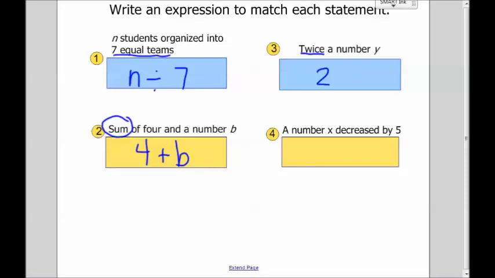So 2y. Now, if you put the dot in there, if you put the y times 2, I want you to write it this way, because now we've been doing this long enough and we've said it long enough, and you need to recognize, I don't need the dot, I don't need a multiplication sign. A number and a variable next to each other means you multiply. And number 4, a number x decreased by 5. Did you get them all right? I'm sure you did.